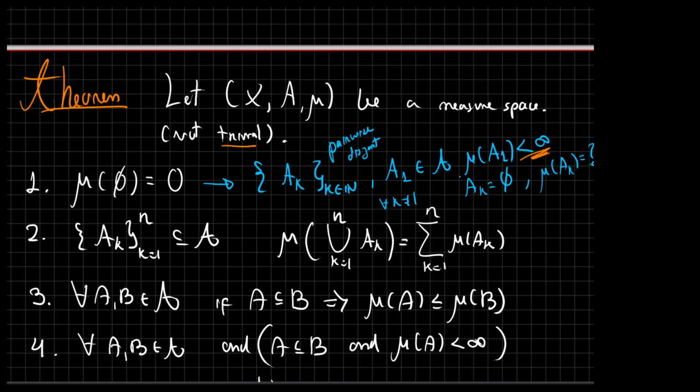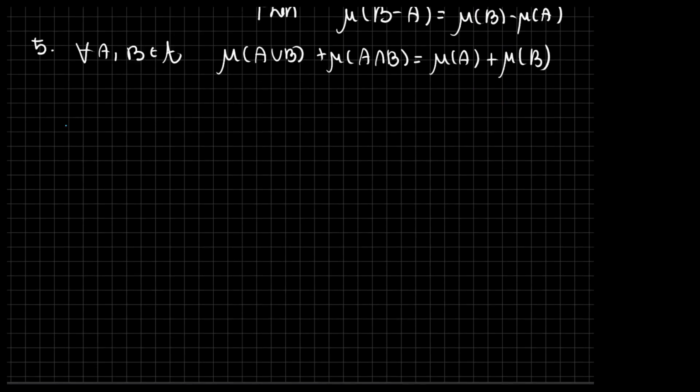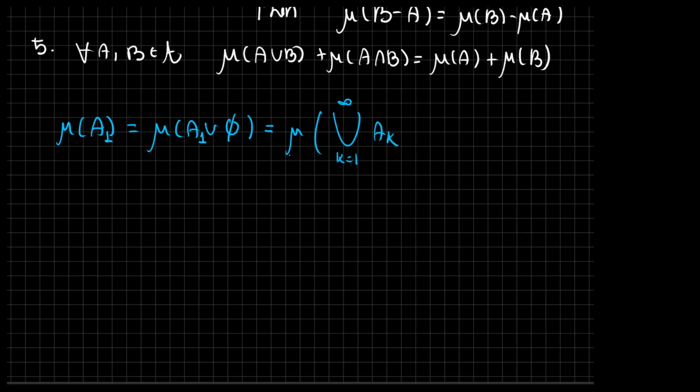So from here, perhaps I will do it down. So let's suppose that we have that family, and so the measure of this is finite, but it is also equal to the union with the empty set, and this is equal to the countable union, I mean of the first element, right?